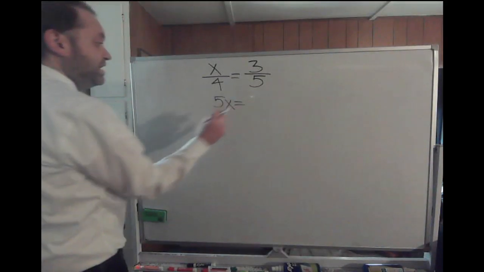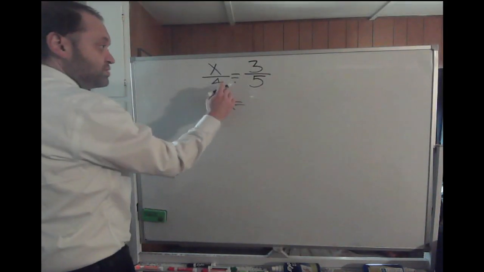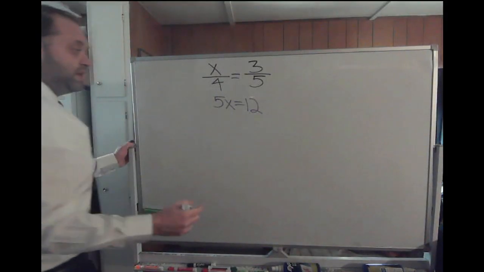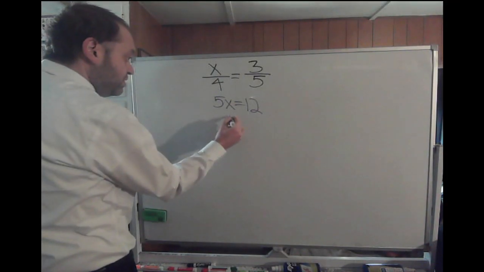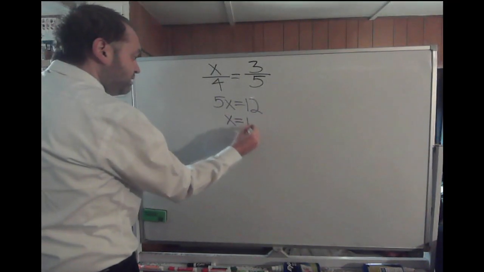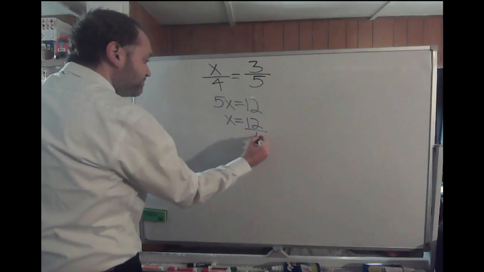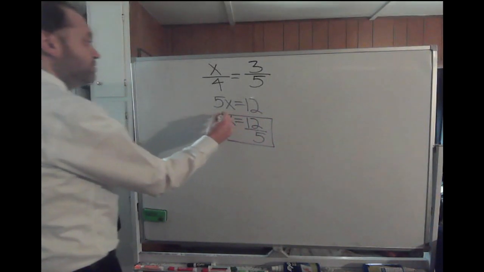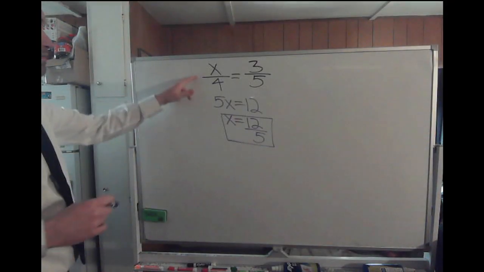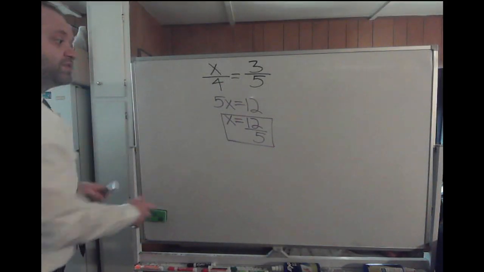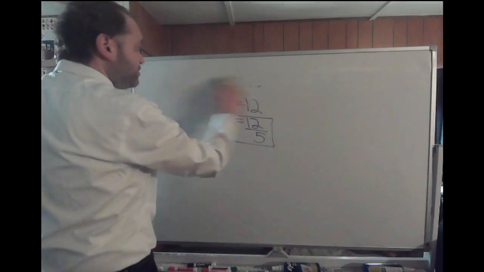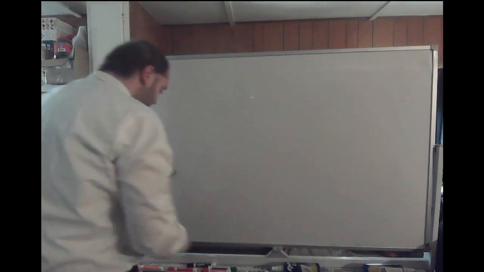You're going to set that equal to the product of the extremes, which is 4 times 3, that'd be 12. So 5x would equal 12, which then means that x would equal 12/5. And that would be your answer for x. So if you took 12/5 over 4, that would equal 3/5. And that would make these two ratios in proportion to each other.